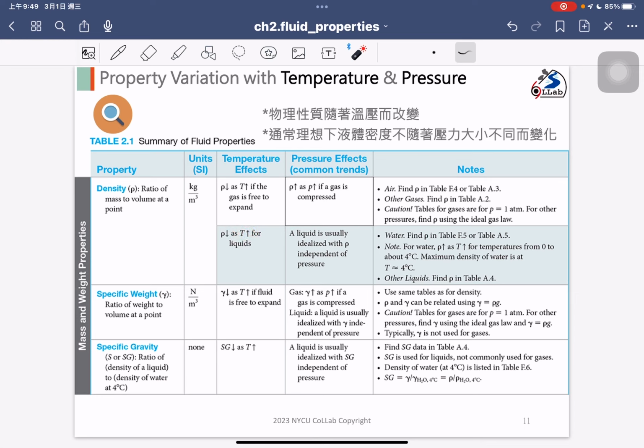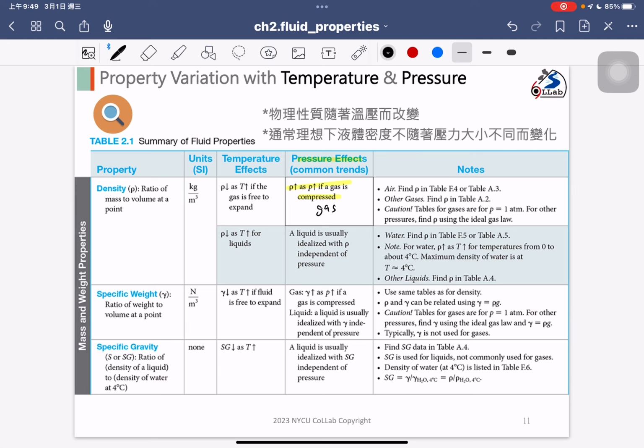So it's common sense, because we know that when the temperature increases, the volume becomes larger, and then the density will decrease. But the difference is in the pressure here. As you can see, these conditions are what I said in the previous slide. This is for the gas, and in the previous slide's exercise, the gas is the air.